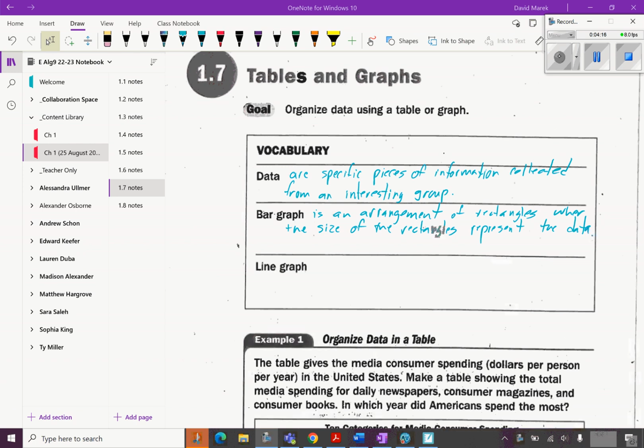And then a line graph is, again, a representation of data using points and segments.